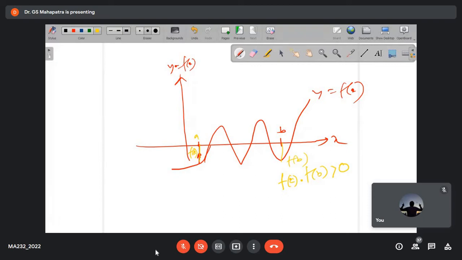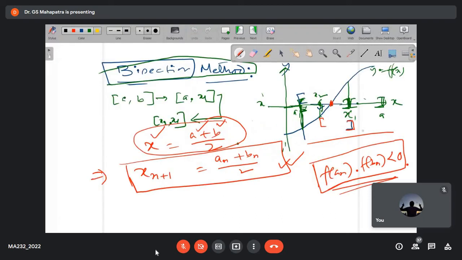Actually, in the mathematical concept, if you go back to the previous one, there only one root exists, correct? And check the graph y equals f of x, what I have drawn. It is increasing or decreasing, correct? From here we can say it is increasing, and on this side decreasing.